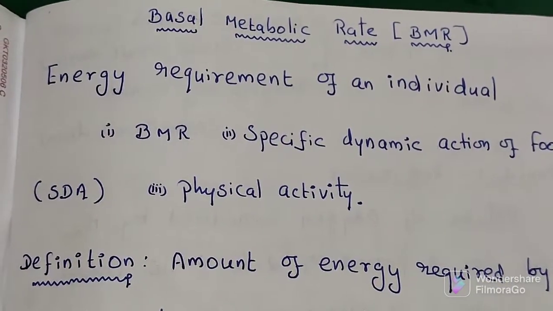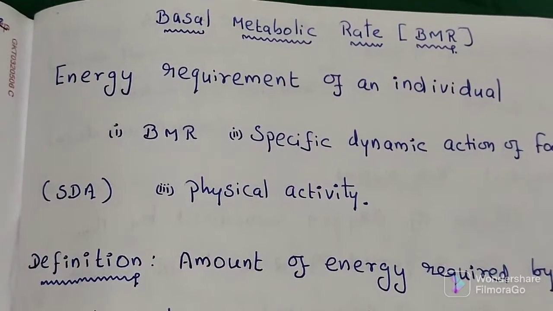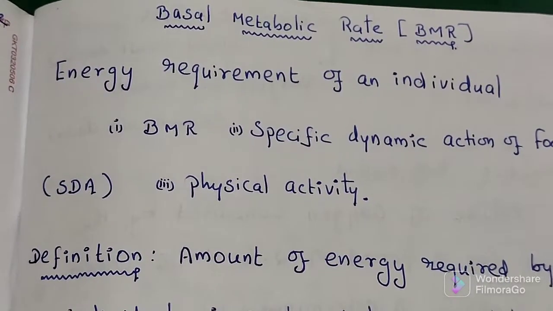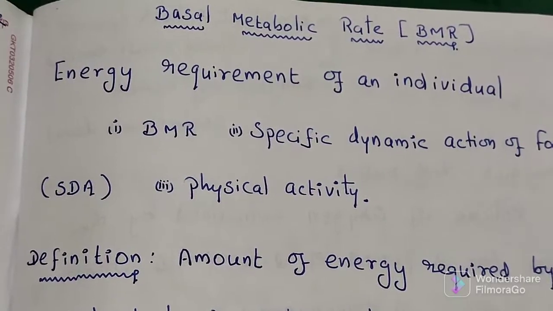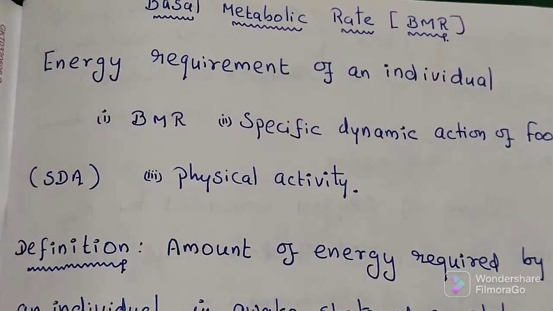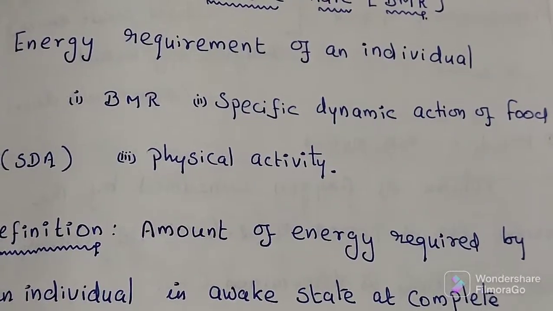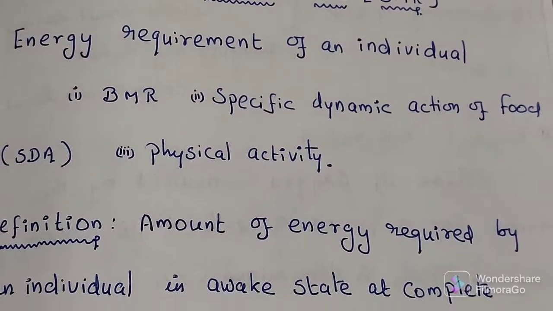When we are calculating the energy requirement of an individual, three factors are important. What are the three things? Basal metabolic rate. Second one is specific dynamic action of food.